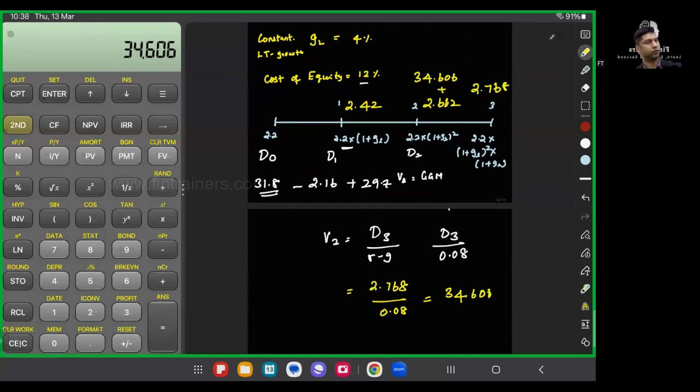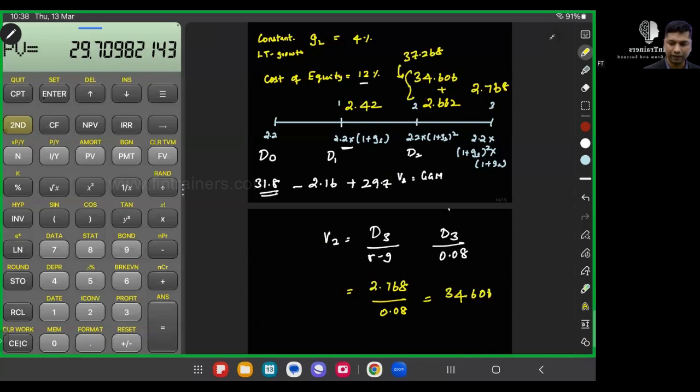Plus, I'm getting a dividend of 2.662 at the end of year 2. So I'm adding these two cash flows, and I got that value as 37.268. This is the entire cash flow in year 2. We use that as my future value in year 2, my N as 2, discount rate as 12, and compute my PV, and I get this value in today's terms as 29.7.